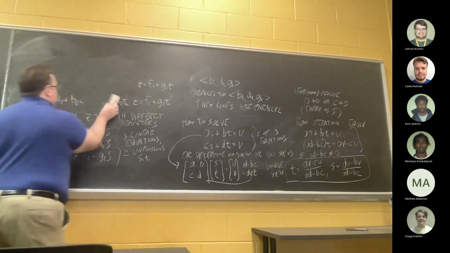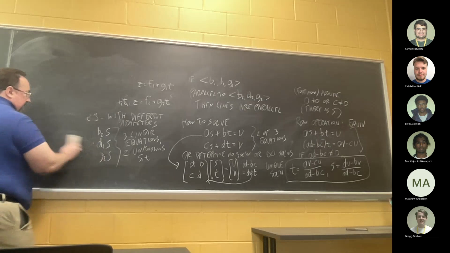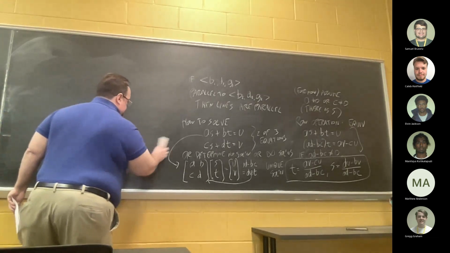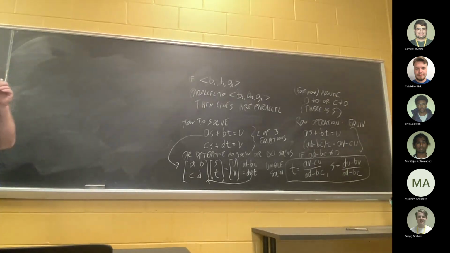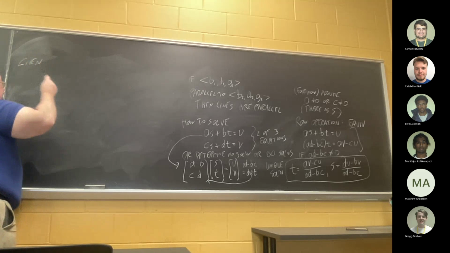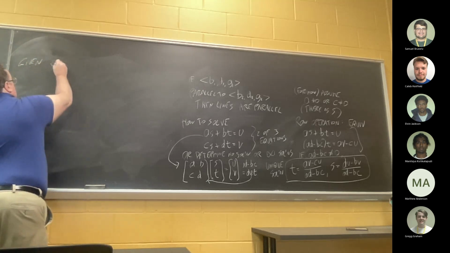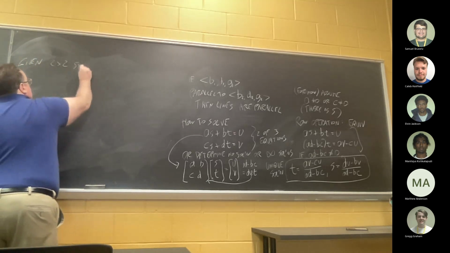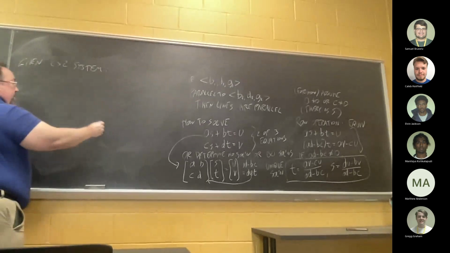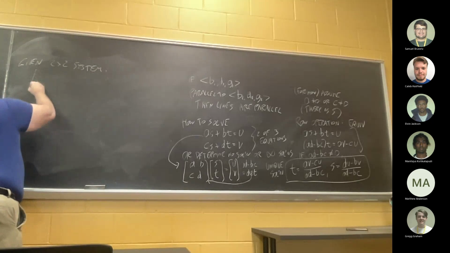But before I do that, and don't worry, I will be doing a few examples of all this afterwards, this is one of those good-to-know things. It comes up in a variety of classes. If you have a system of two equations, two unknowns, like I just wrote down there, I'll just repeat it here.